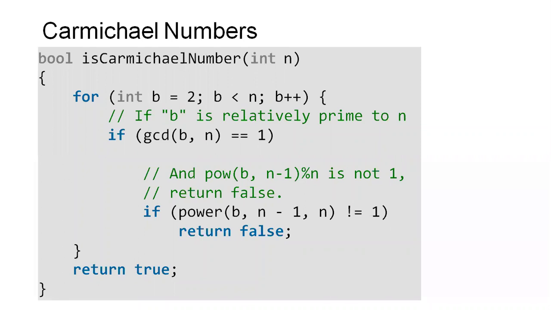So if b raised to n minus 1 mod n is not equal to 1 under these conditions, then it will return false. Otherwise, it will return true. So it will return true for the Carmichael numbers. According to the definition, if both the conditions are satisfied, then it is a Carmichael number.